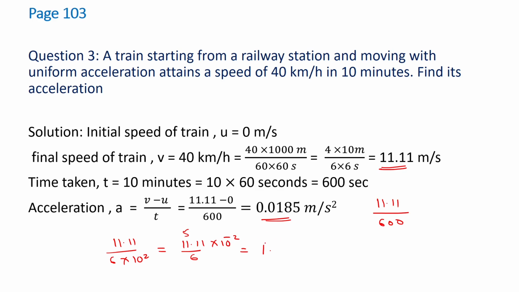So 6 8s are 48, and 51 minus 48 will be 3, then again it will be 5, and this much we can say 0.185 into 10 to the power minus 2. This minus 2 of course moves the decimal point to the left side, and it will be 0.0185. This will be the acceleration in meters per second squared.